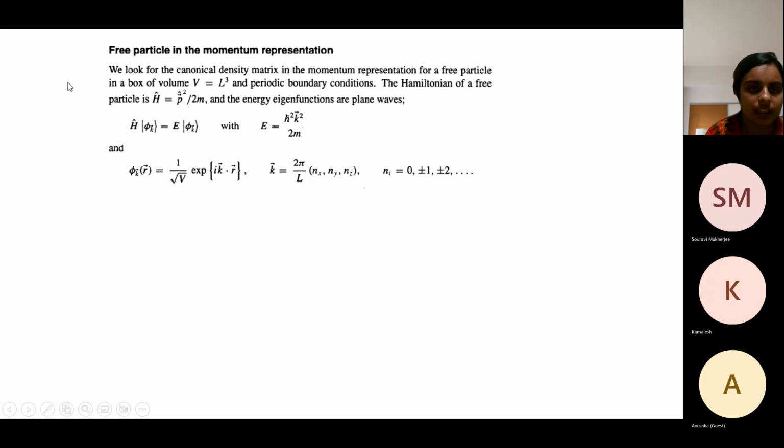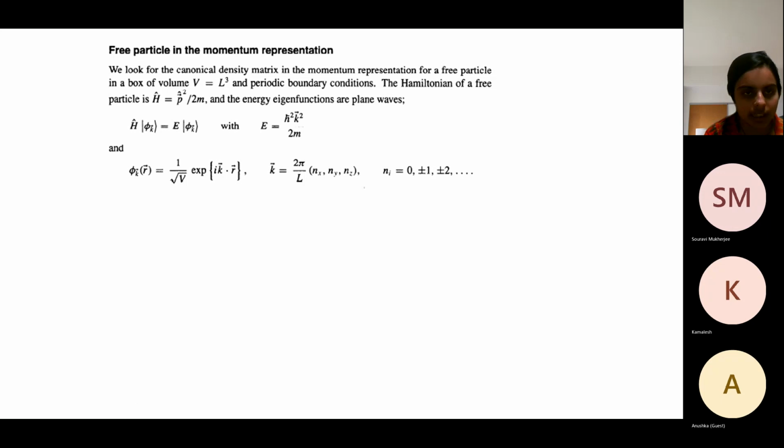So for a free particle, we know that it can be represented by a wave which goes as e to the power i k dot r, and 1 by root over V comes because of the normalization, and this k goes as 2 pi by L times nx, ny and nz. So this comes from the boundary conditions.